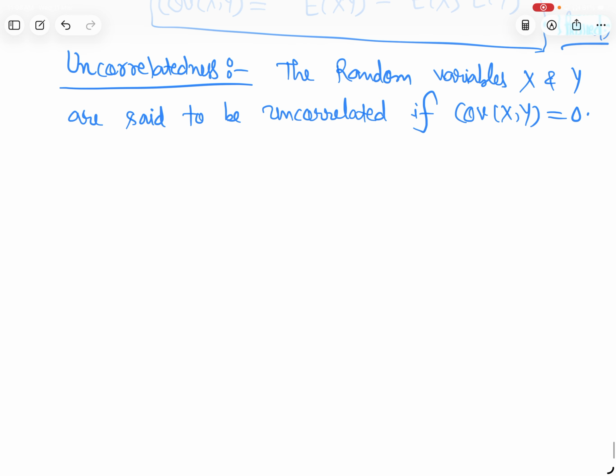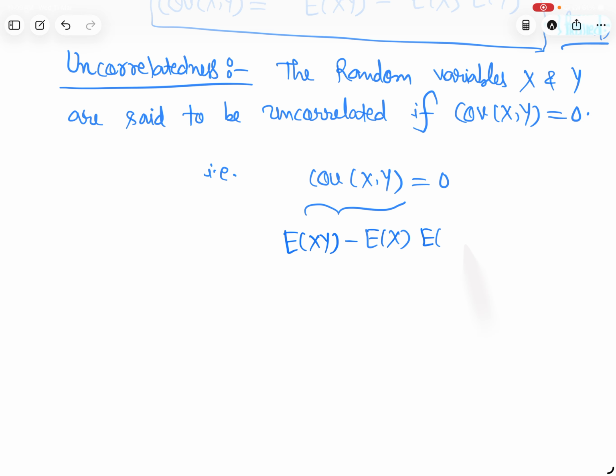So what is the meaning of being uncorrelated? Because uncorrelated means what? Covariance xy should be 0. But by the previous result, we know that this part is what? Exy minus Ex into Ey is equal to 0.